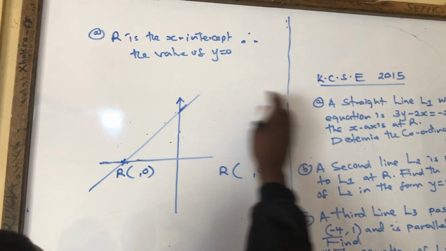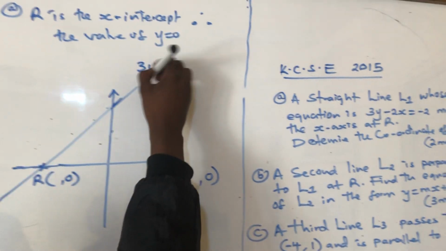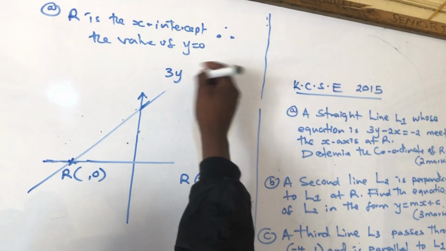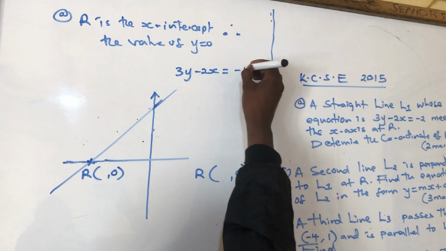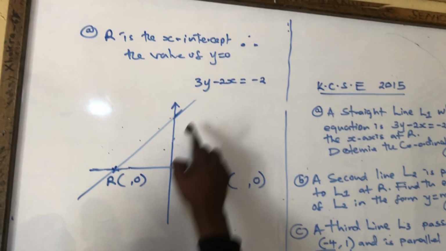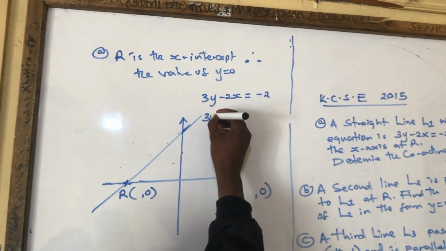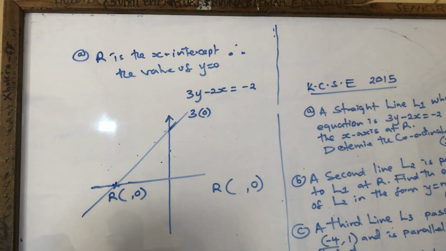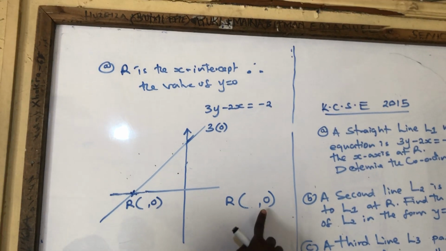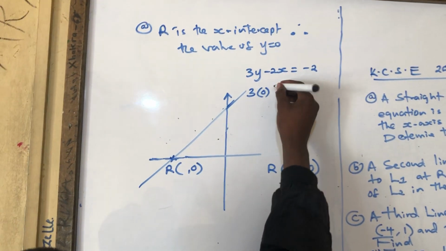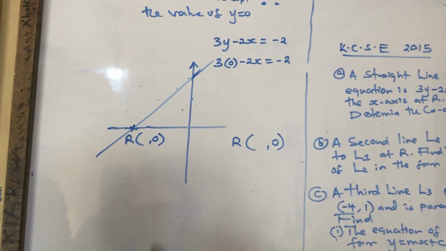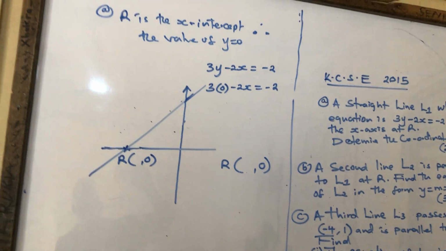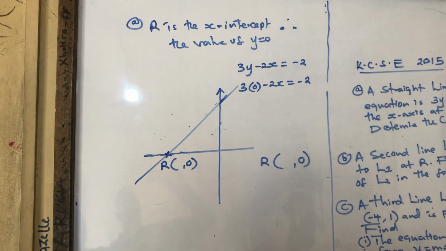How do you find the x coordinate? Take the equation: 3y minus 2x is equal to -2. Then in the place of y, substitute 0, because you've agreed the value of y should be 0 at R. 3 times 0 minus 2x is equal to -2. What will be 3 times 0? That will give us 0.